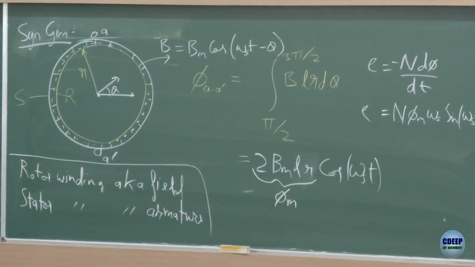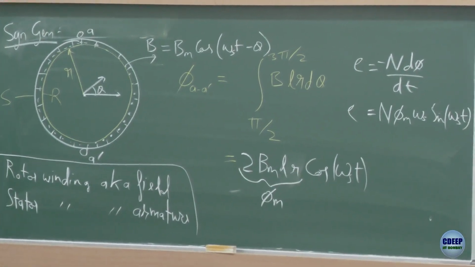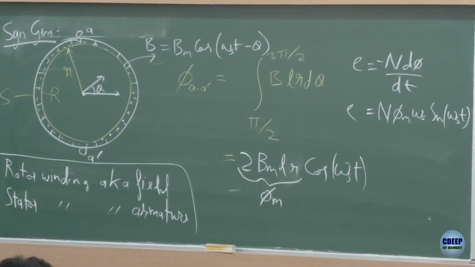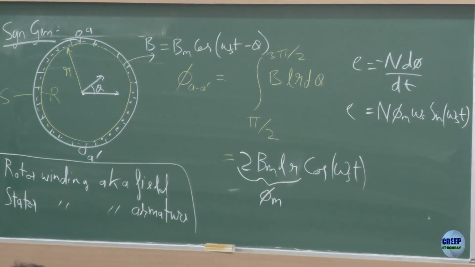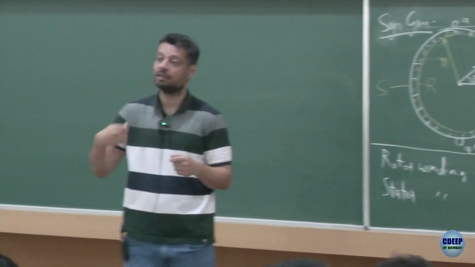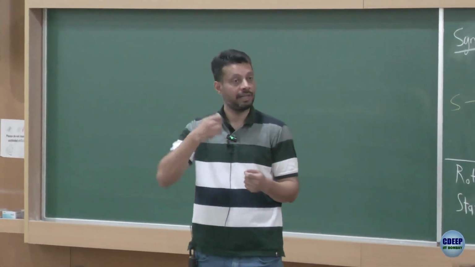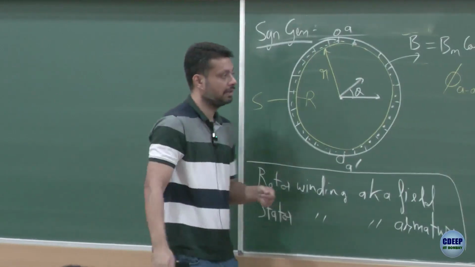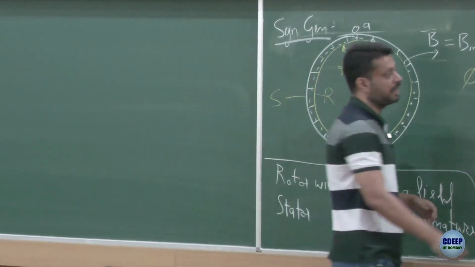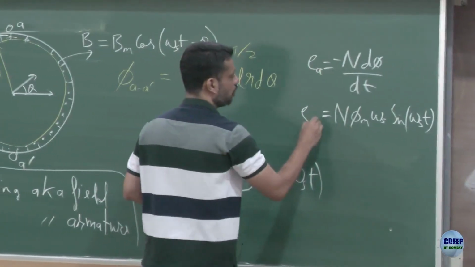So the voltage induced in the A phase winding is sinusoidal, of the same frequency as the synchronous frequency. The synchronous generator would produce AC output voltages of the same frequency at which you are rotating the rotor, so it's tightly coupled to the synchronous speed. This is of course the A phase voltage, let me call it E small a.